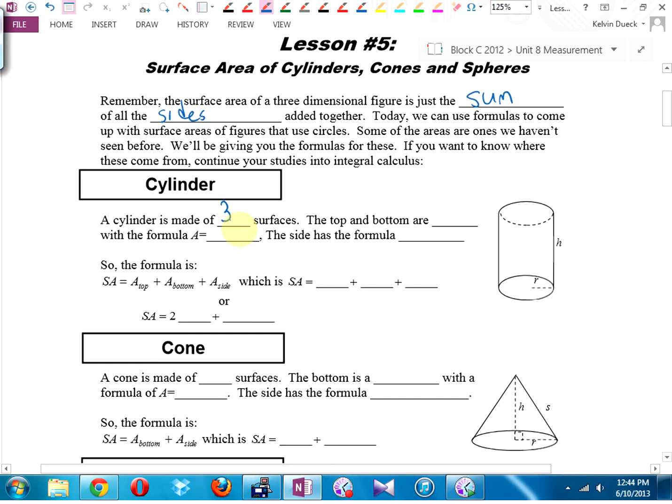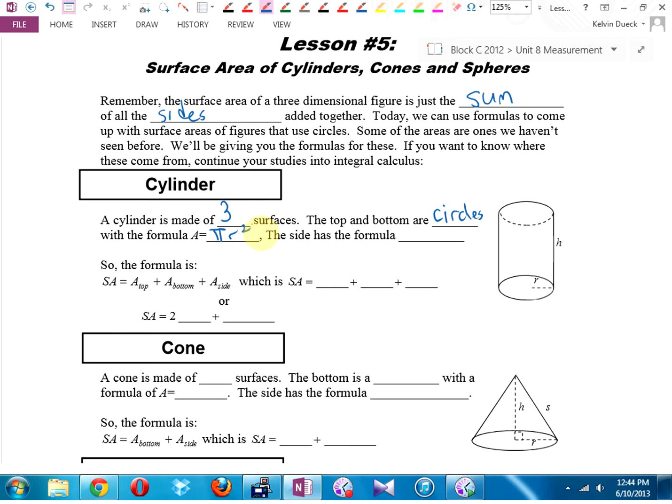What shape are the top and bottom? Circles. And what's the equation for the area of a circle? It's on your sheet. Pi r squared. What shape is the side of a cylinder?